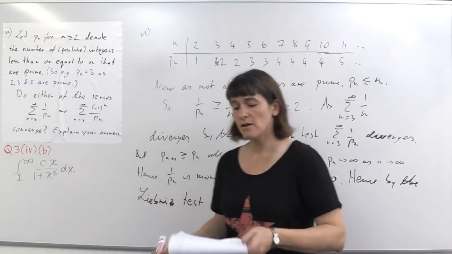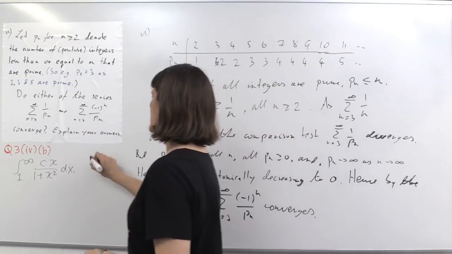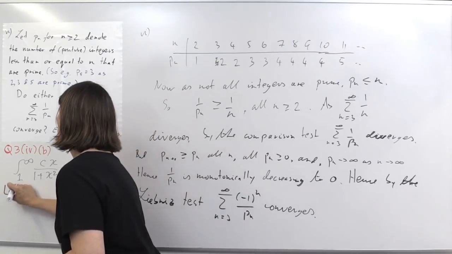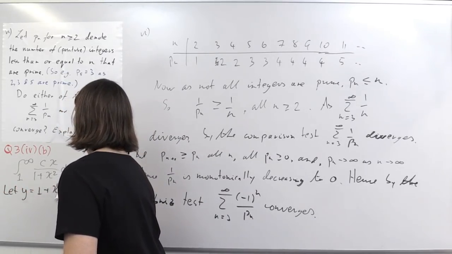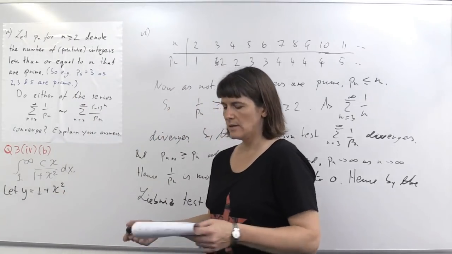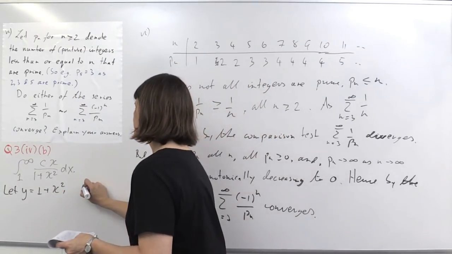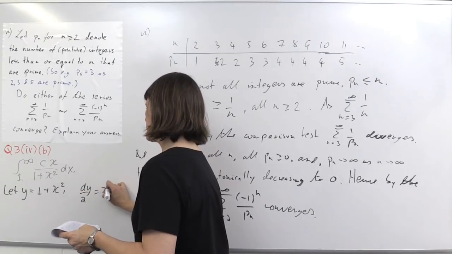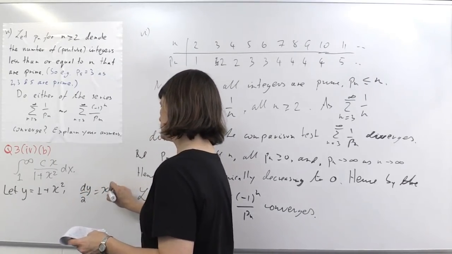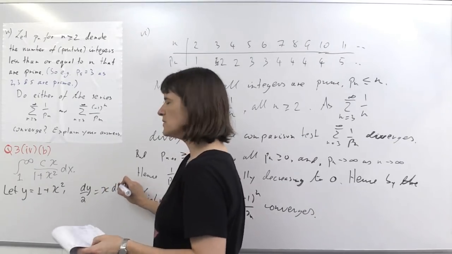We made a change of variables, and we said y should be 1 plus x squared, and we talked about the fact that dy on 2 was x dx. Dy by dx was 2x, yes, we talked about that.